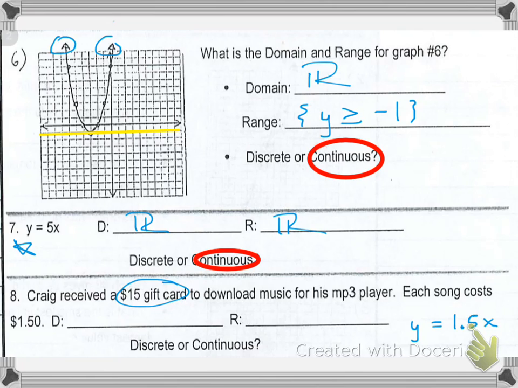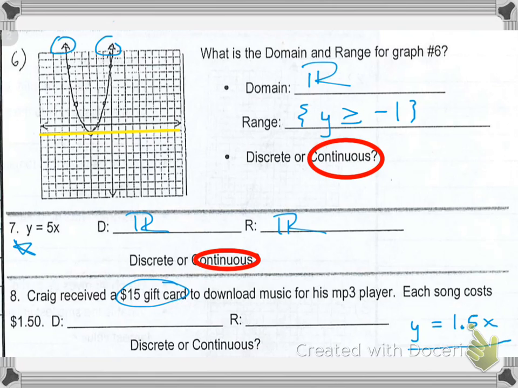So, with that being said, is there an endpoint for this equation? Is there an x value that's a minimum? Okay, and remember, what does x represent here? X represents the number of songs at 1.5 per song cost, right? Well, can you buy a negative song?